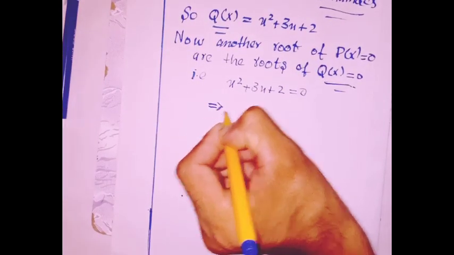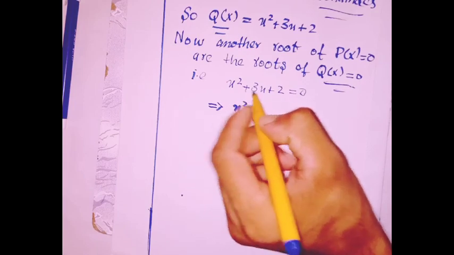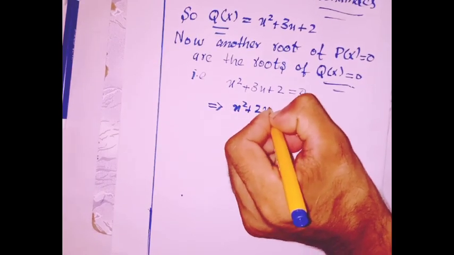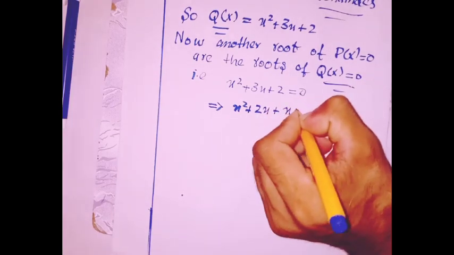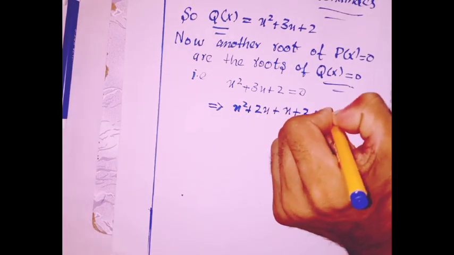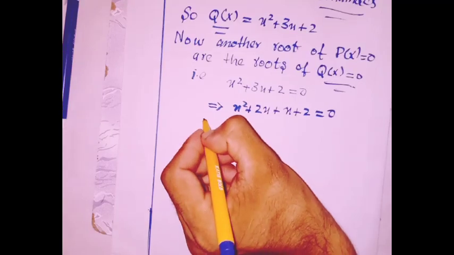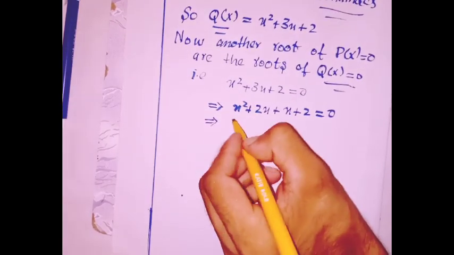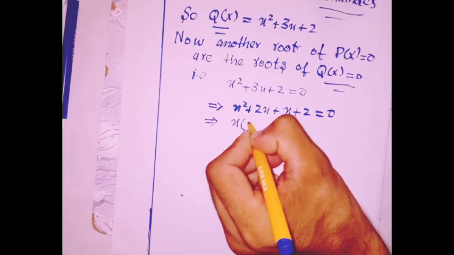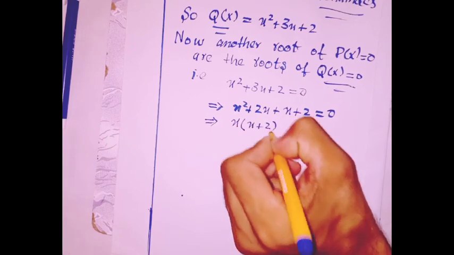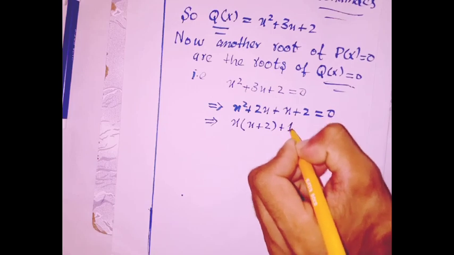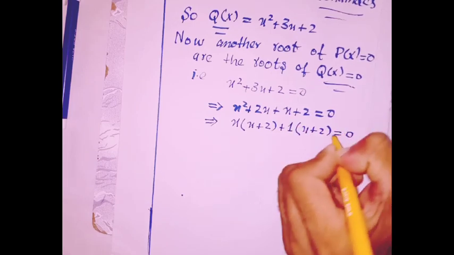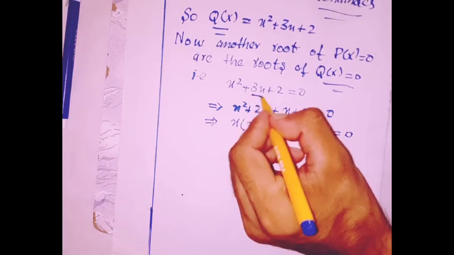To find the solutions of the quadratic equation x squared plus 3x plus 2, we will split 3x into 2x plus x, so we get x squared plus 2x plus x plus 2. From the first two terms, x is a common factor, so we get x into x plus 2, and from the second two terms we get 1 into x plus 2.